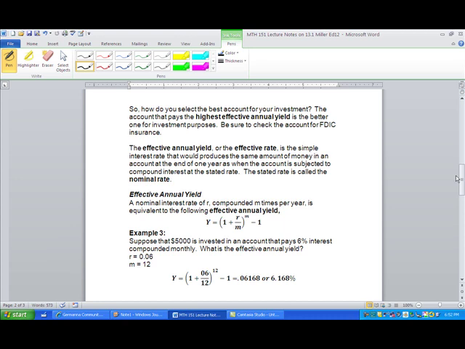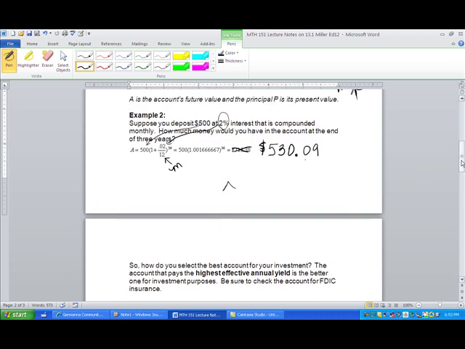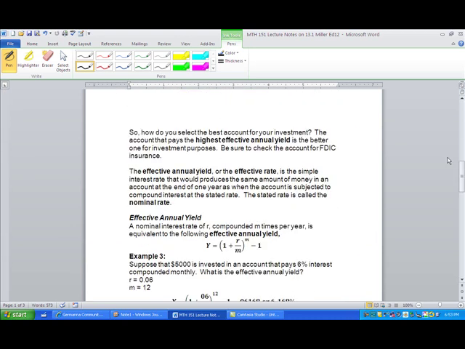So a nominal interest rate of R compounded M times per year is equivalent to the following effective annual yield. And notice it's represented by a Y. We take 1 plus that nominal rate divided by M. And what was M back here? It was the number of times that it's compounded per year. So that would be 12 if it's monthly. M equals 4 if it's quarterly.